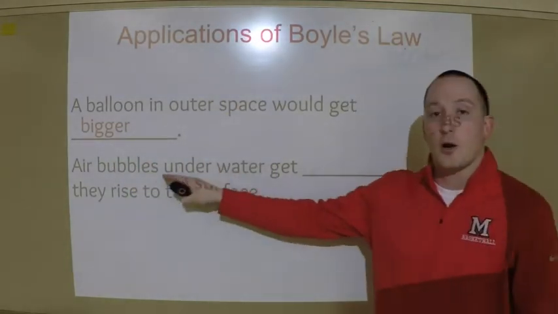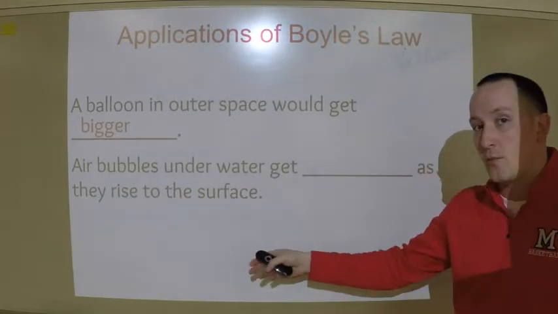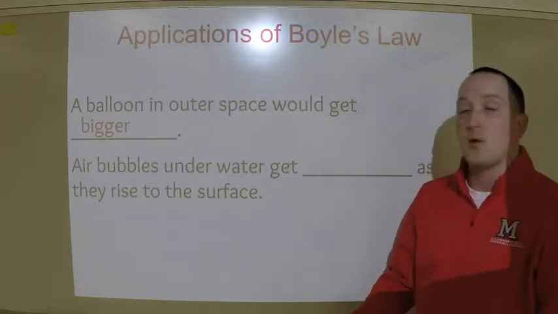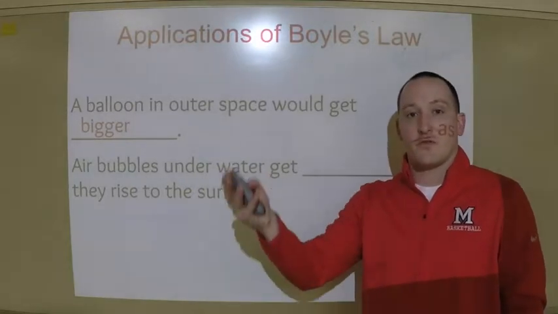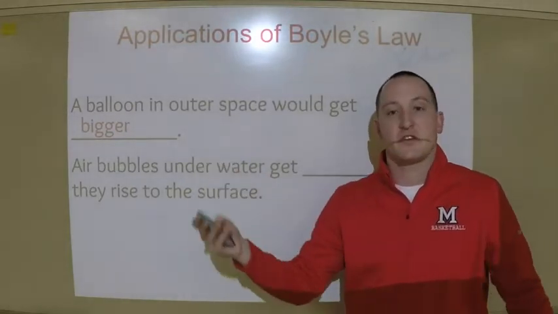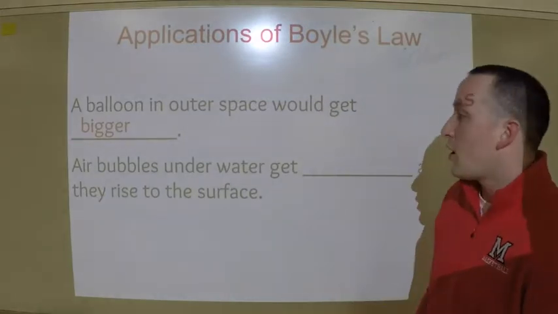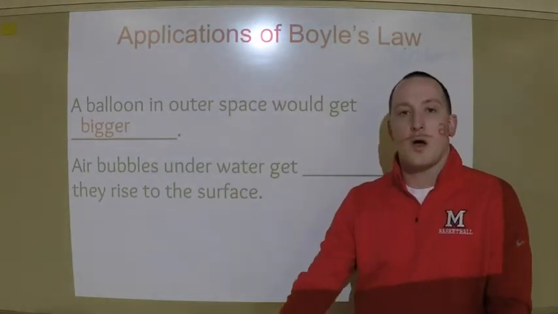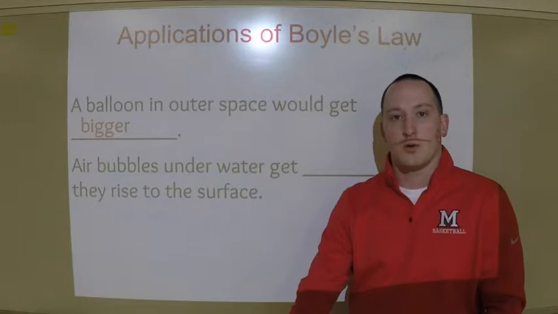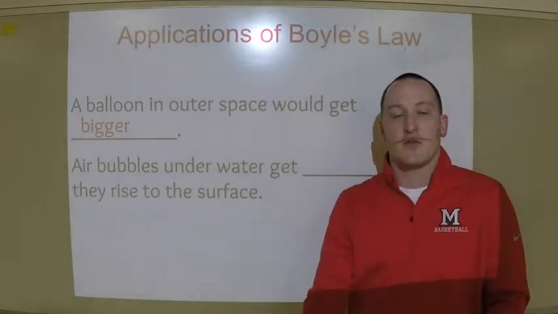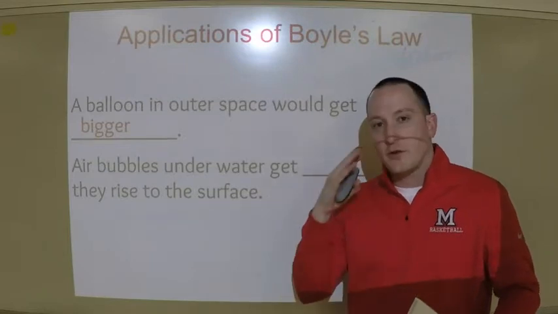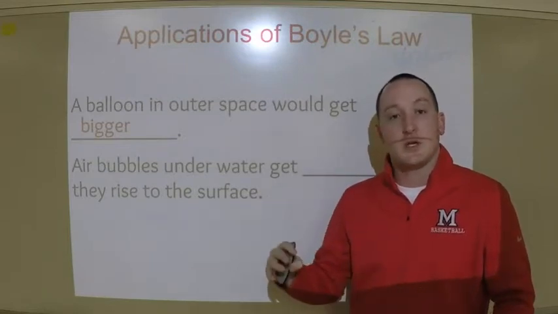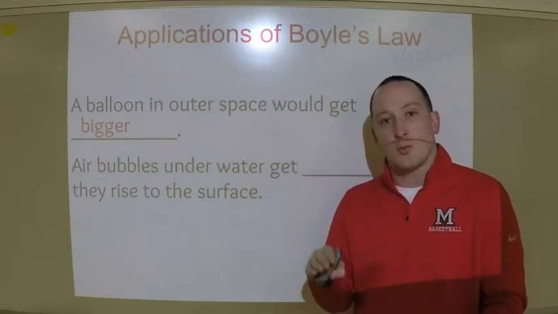Air bubbles underwater. I don't know if you've ever seen this before, but if you were to take a bubble down at the bottom of a pool and let it rise to the surface, what's actually going to happen is, think about what the pressure is like at the bottom of a pool. If you've ever swum down to the bottom of an 8 or 10 foot pool, you probably feel pressure in your ears. That's because underwater, there's more pressure.